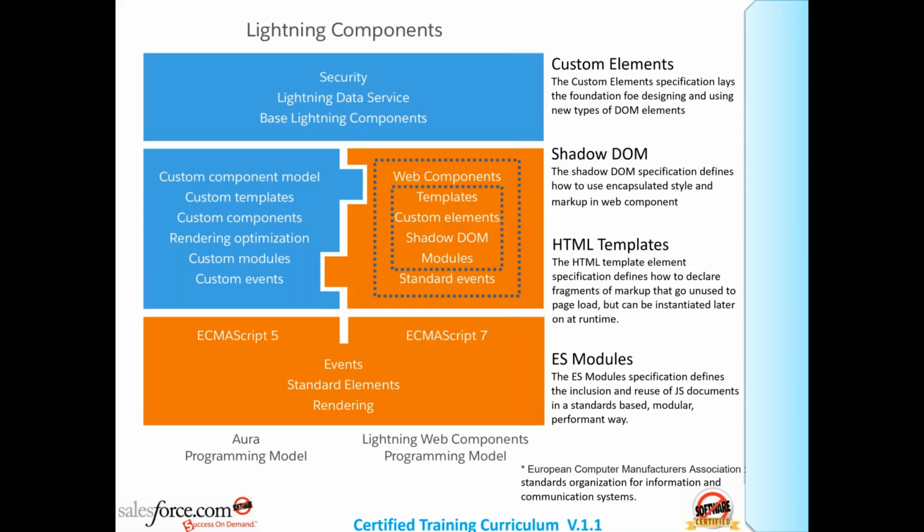ECMA has many standards. The highest standard is ECMA 7, and Salesforce is an ECMA 7 compatible programming component. That means Lightning Web Component is on the highest standard that you're learning now.